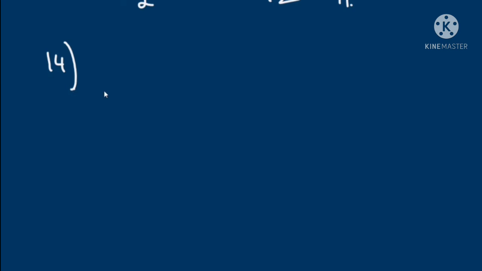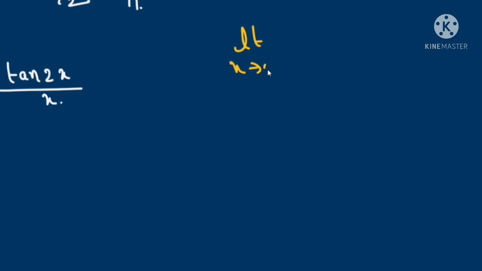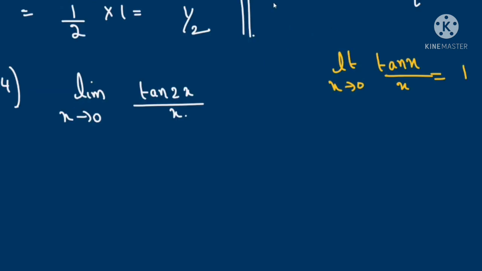14th question. Limit x tends to 0, tan 2x by x. Limit x tends to 0, tan x by x is equal to 1. So here, if you have 2x, you should have 2x here. So multiply and divide by 2. That multiplied by 2 you can write outside the limit because it is a constant.